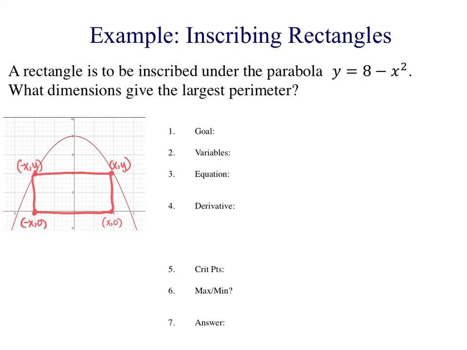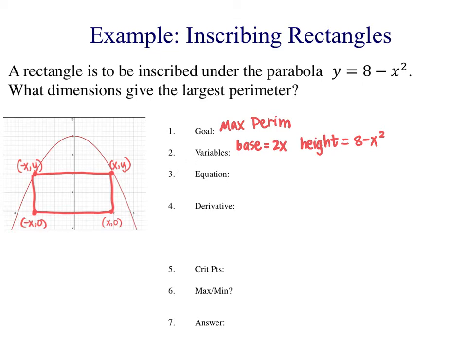Our question here is the largest perimeter. So our goal is the max perimeter. Our variables again are going to be base and height. So the base is 2x and the height is y, but y is equal to 8 minus x squared.